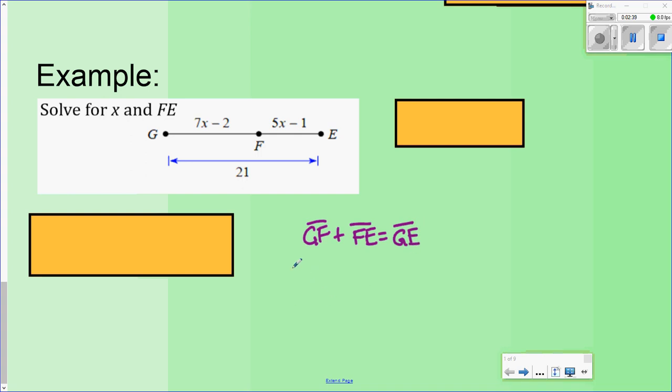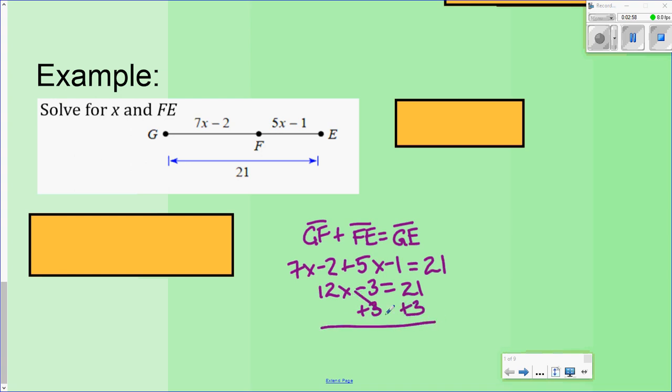The first one is 7x minus 2, and the other one is 5x minus 1, and GE is 21. So you solve for x. Combine your like terms, and you add 3 on both sides. You get 24, and then you divide by 12 on both sides. And then you get x equals 2.